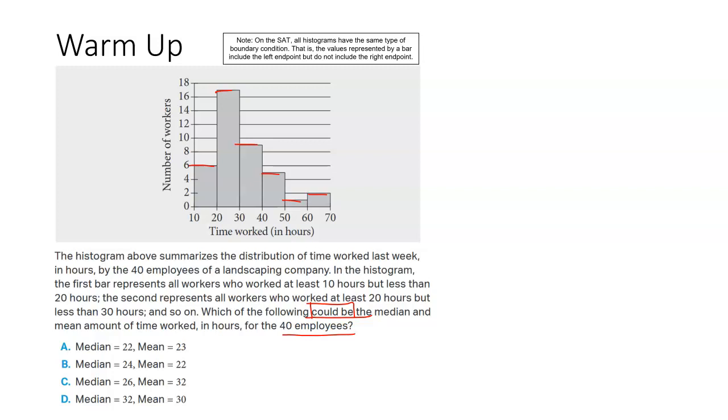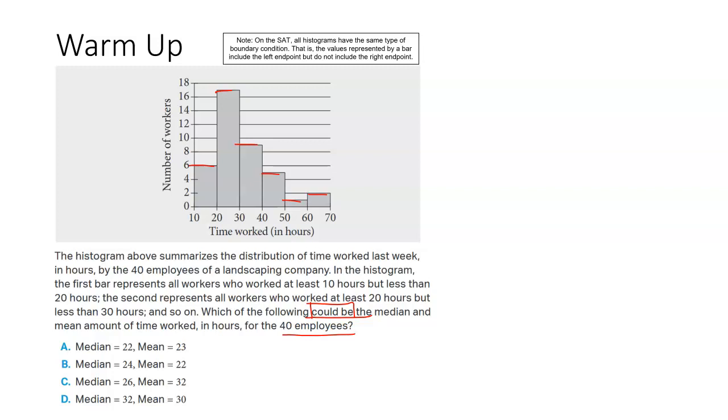What is the median of a data set? The middle number. So if I have 40 employees, what's the middle number going to be? 20. So I need to figure out what the 20th number is, and that's going to tell me what my median is.